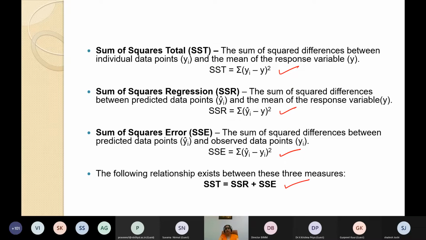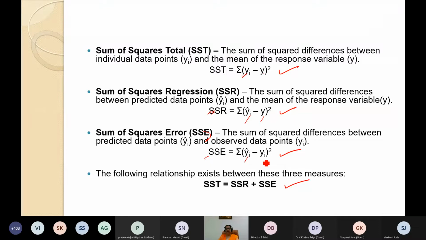So sum of square total will be the sum of, now yi is the individual value here, this y is the average value, this is the predicted, the forecasted value, and this is the average of all the values.